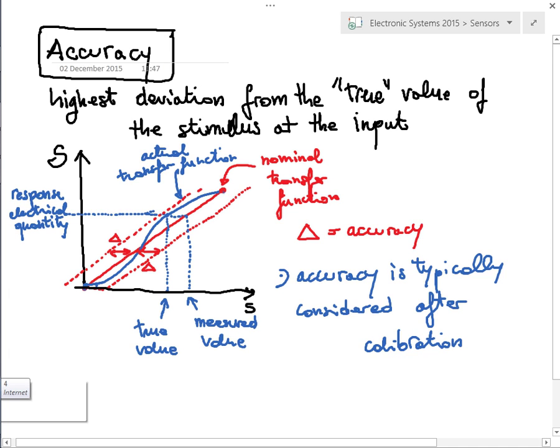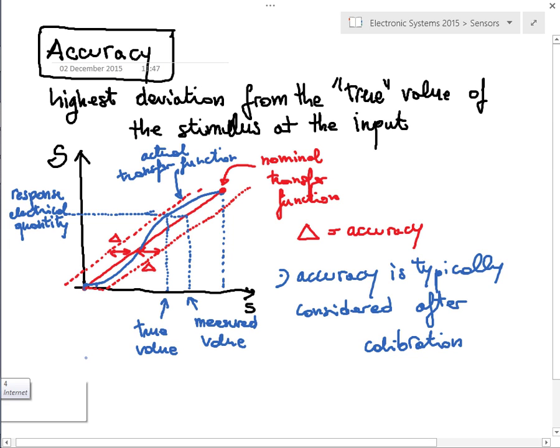For this reason here I put 0 error on the point that we had calibrated, because I assumed that we had done a good calibration at the extreme ends of the transfer function, but of course the transfer function is not exactly linear as we would like it to be.